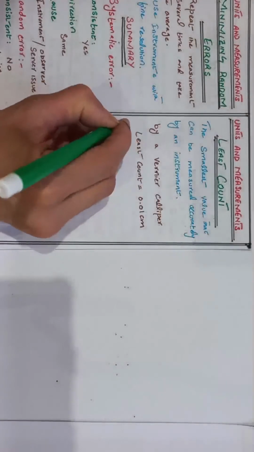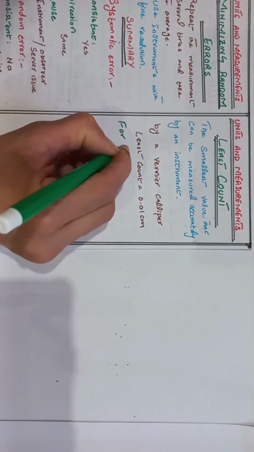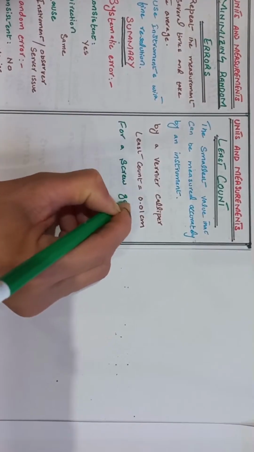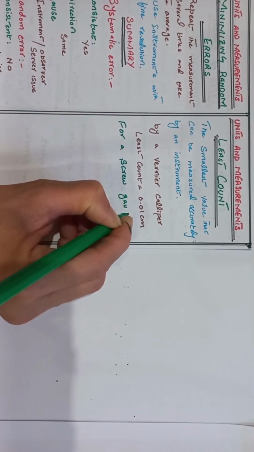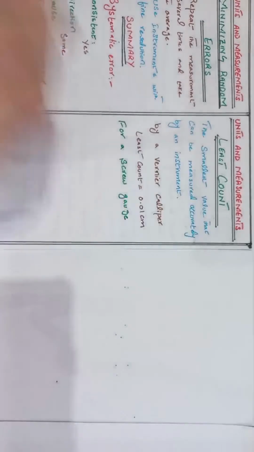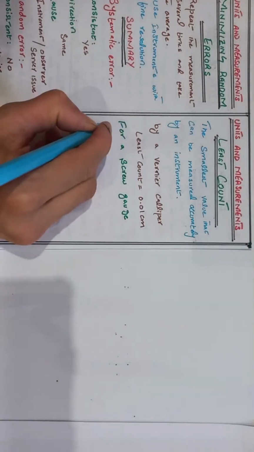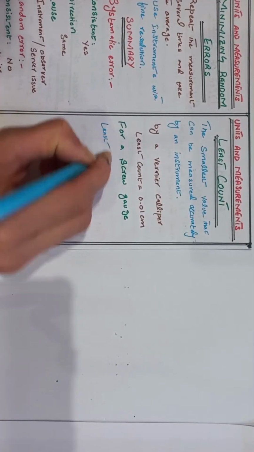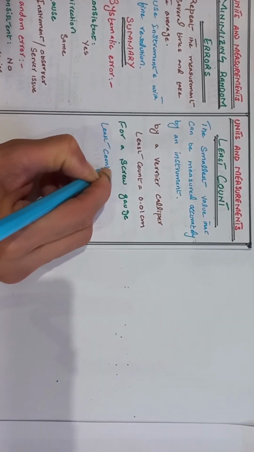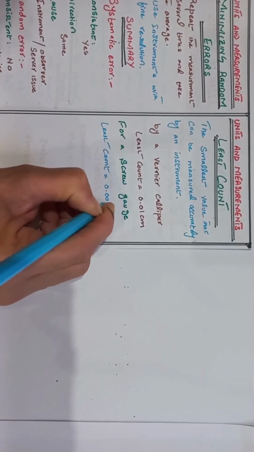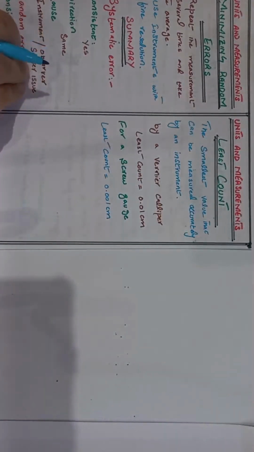For a screw gauge, the least count is equal to 0.001 centimeter.